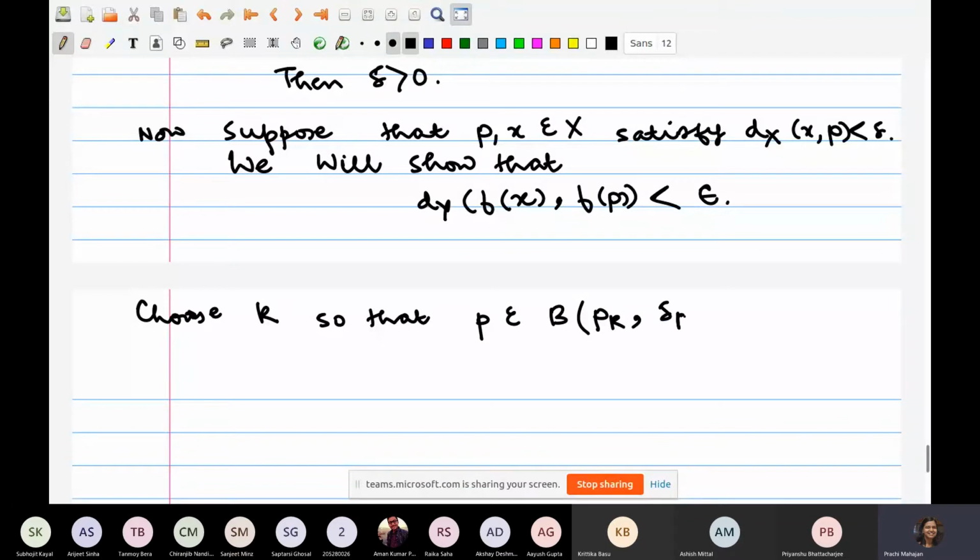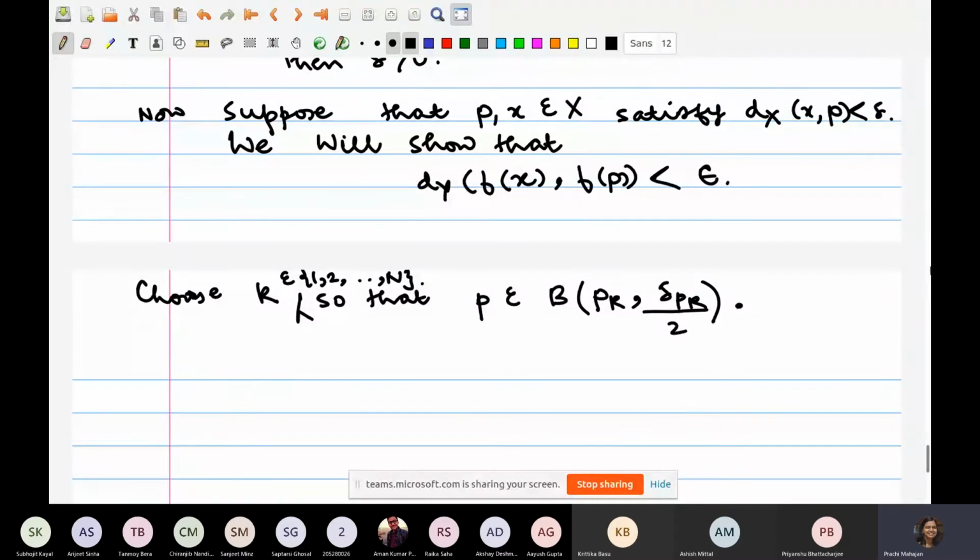There will always be a k like this, k belonging to 1, 2, up to N. This is true because the set X is contained in the union of these finitely many balls. In particular, the union of these finitely many balls contains the point P. Is that okay? Yes, ma'am. Okay, excellent.